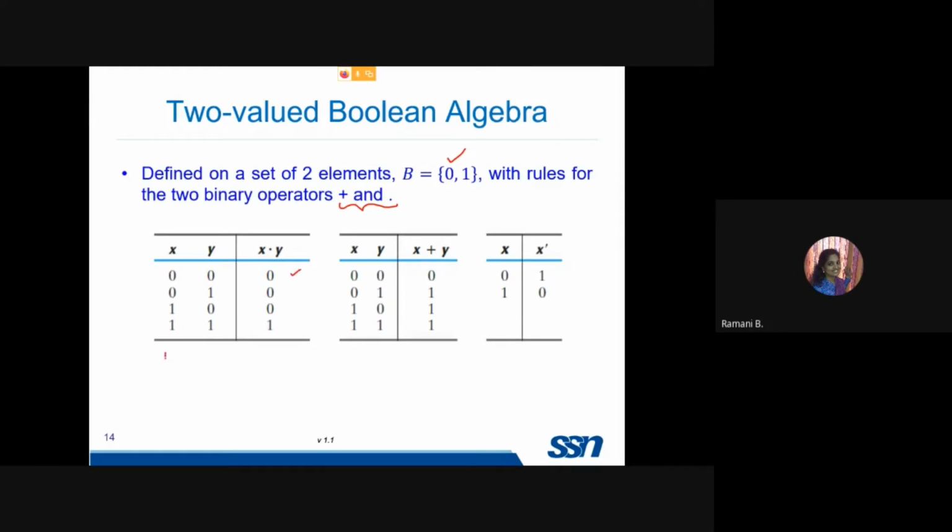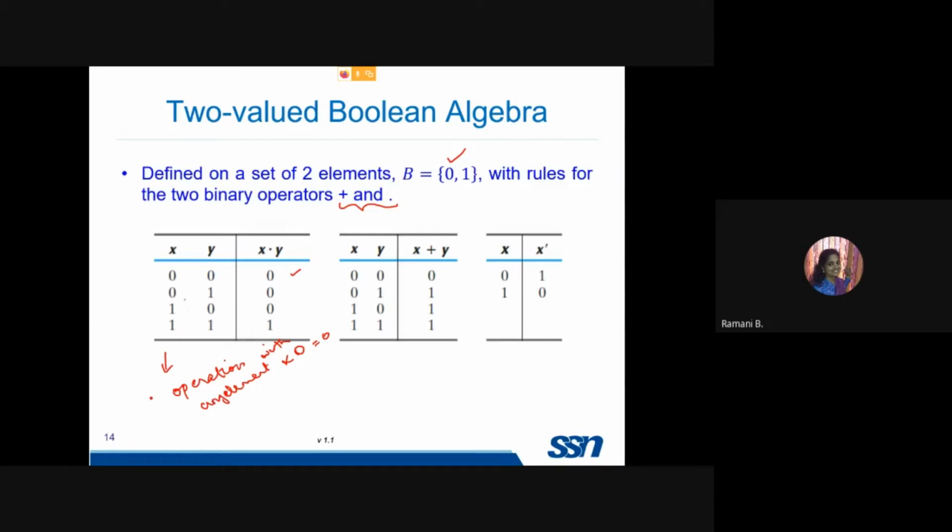Or in short, the dot operation with an element and 0 will give me a 0.